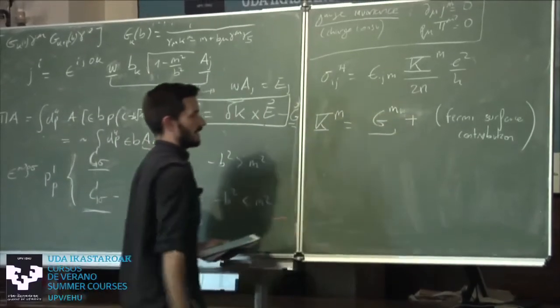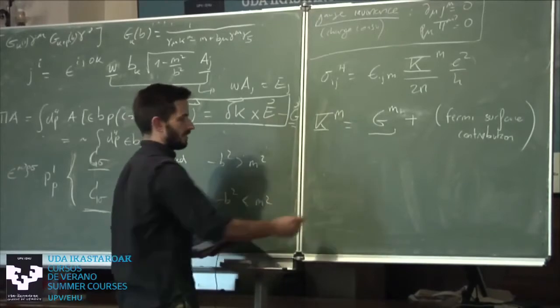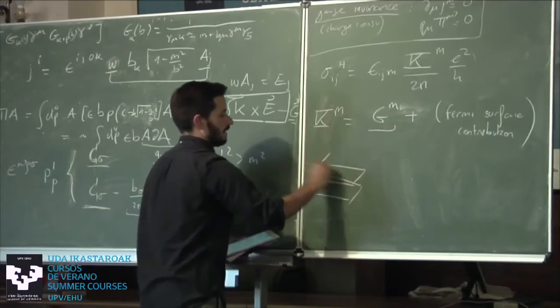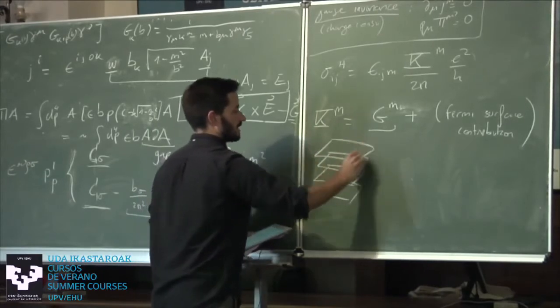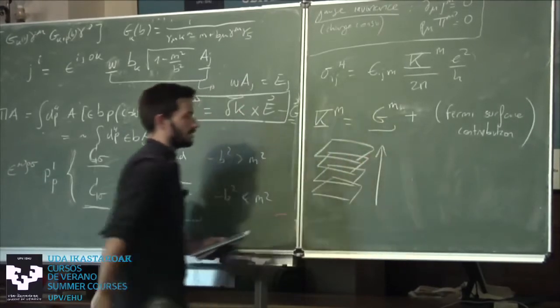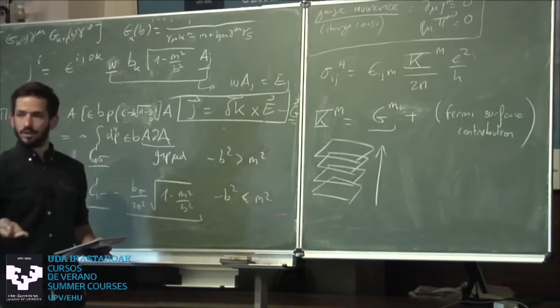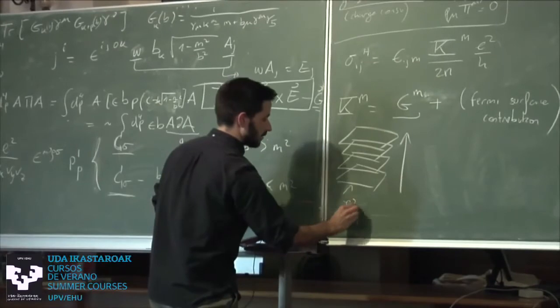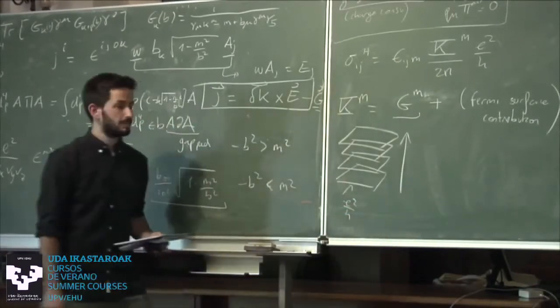You can understand this the following way. Imagine you have a 3D system that is a collection of 2D Hall effects stacked in a certain direction, and you want to calculate the Hall conductivity of this. Each plane has e squared over h conductivity.